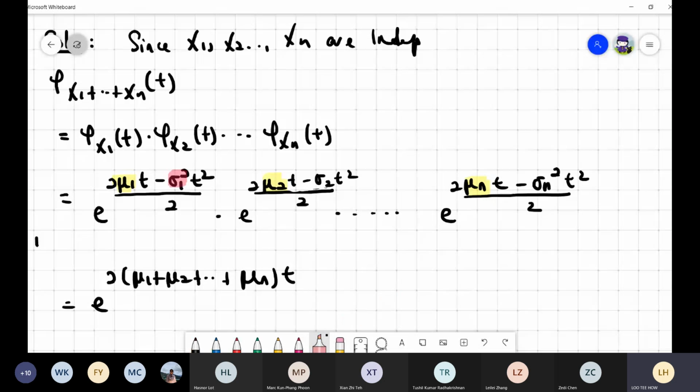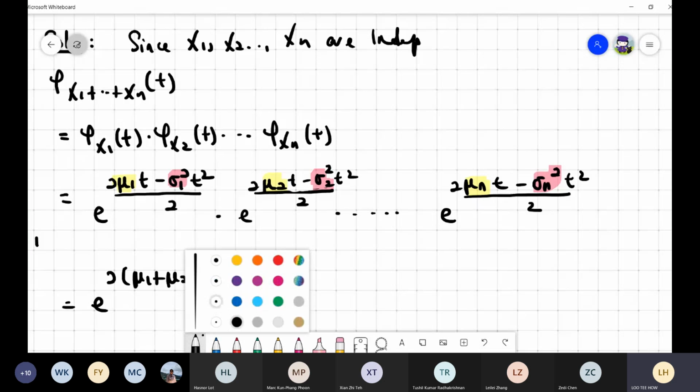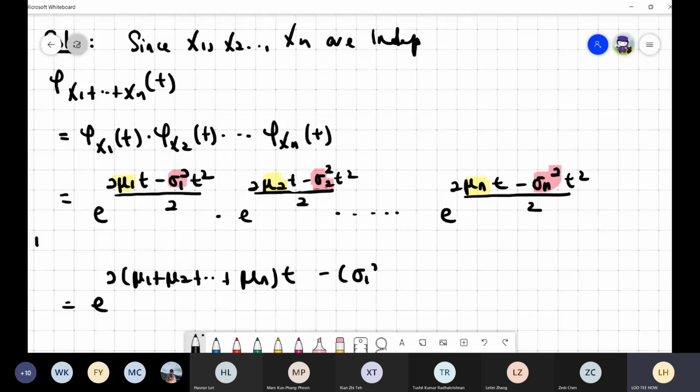We have sigma 1 square, which is the coefficient for t square, sigma 2 square, up to sigma n square here. Then we can combine them together, so that will be minus sigma 1 square plus sigma 2 square up to sigma n square, times t square.